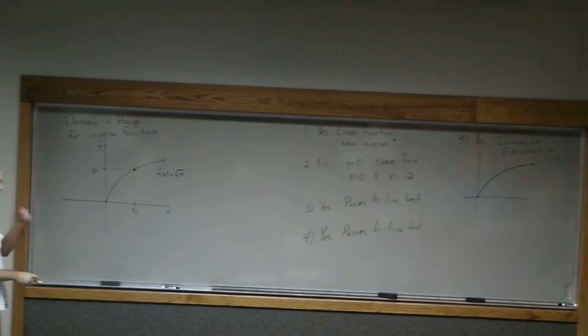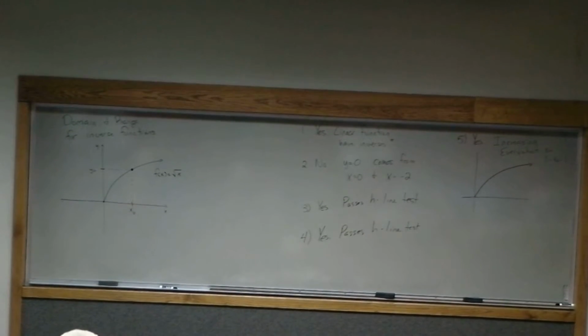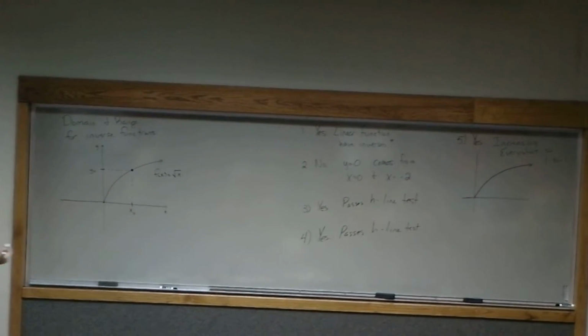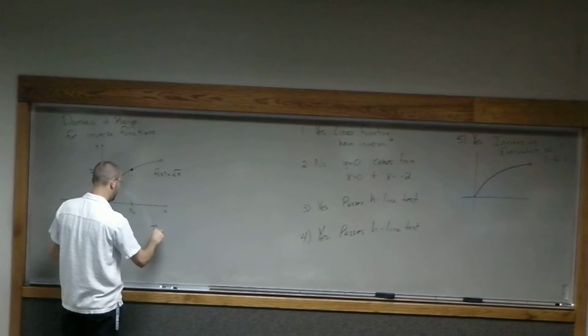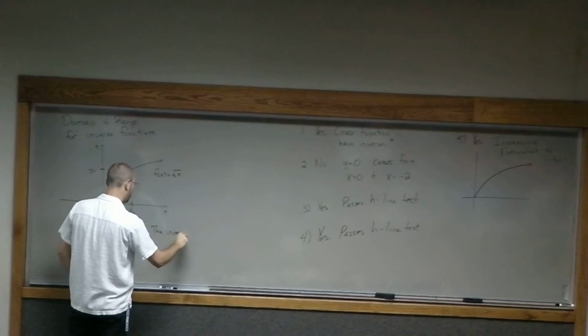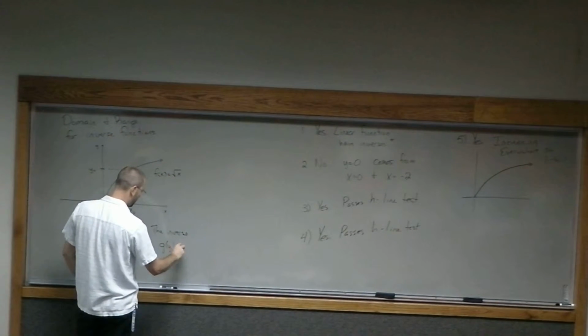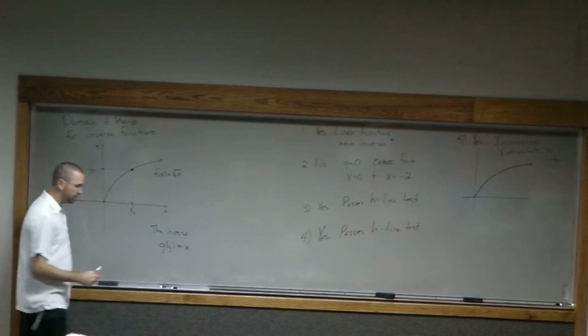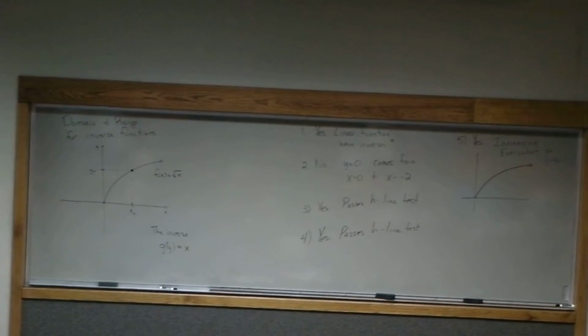Now, remember the inverse function sort of undoes the original. So f inverse, which we'll call g of y, gives us out x values. The inverse function is going to take the y values for our inputs, and it's going to spit out x values.